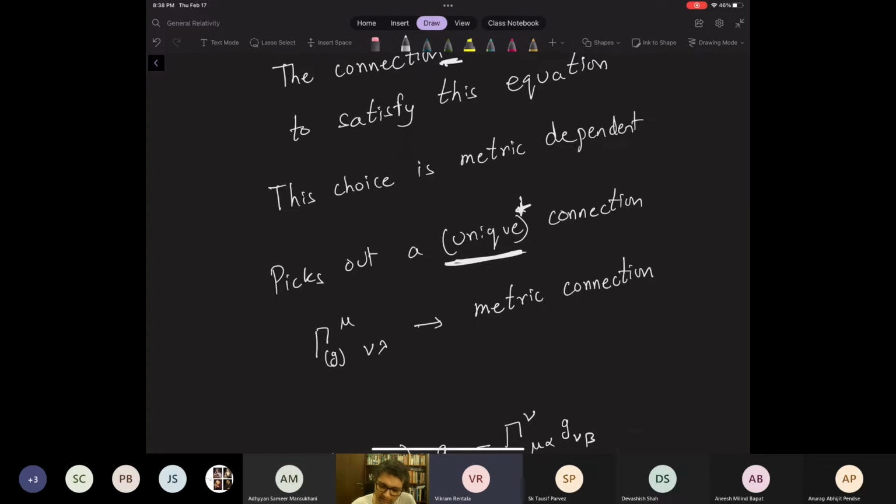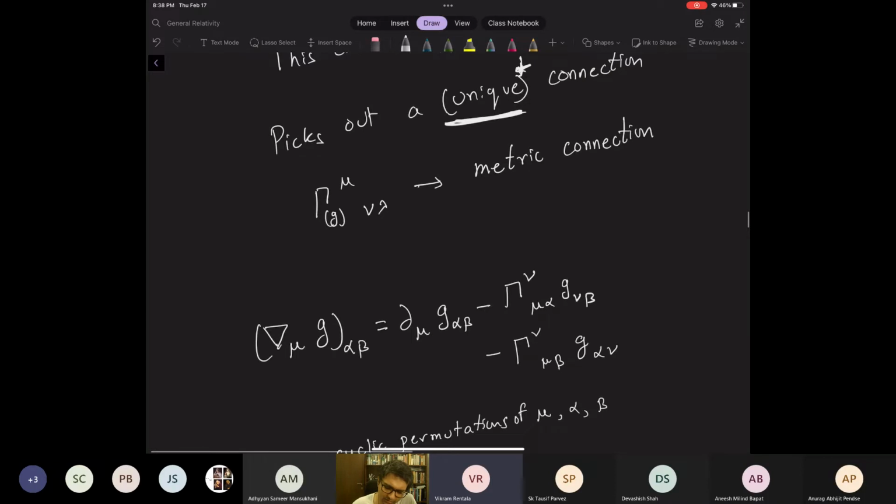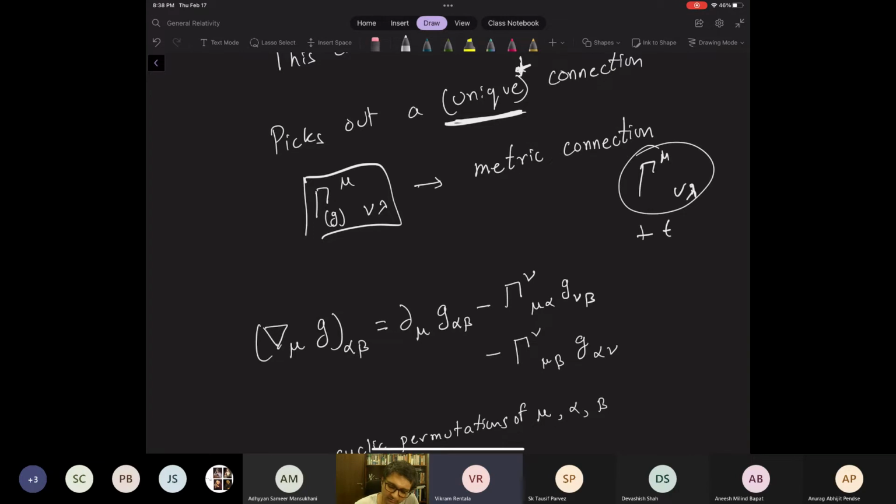There's one caveat about the uniqueness of this, which I'll come to in a second. So we'll pick out a particular gamma from that family of gammas that you can pick, which are all related by tensors. We pick out one particular gamma, which we call the metric connection, because it depends on the metric that we choose on the space.